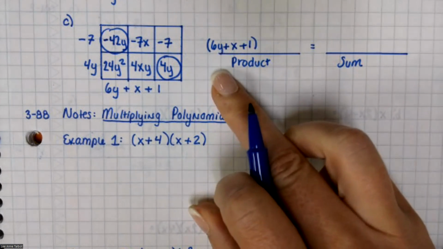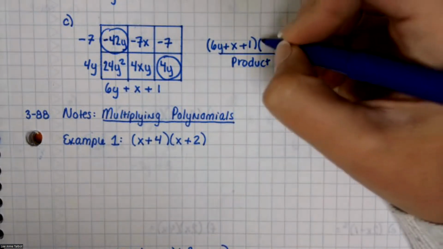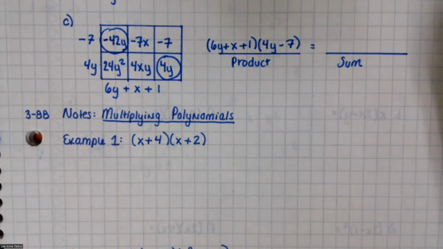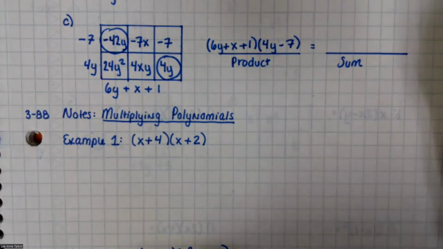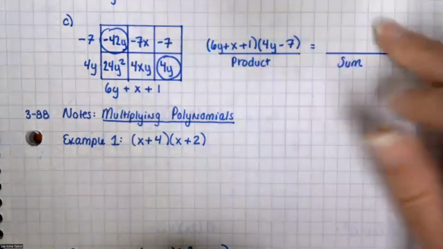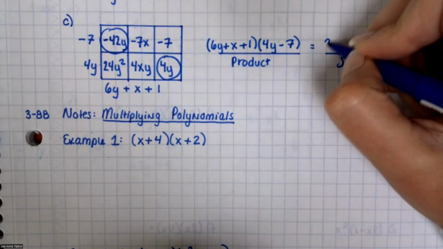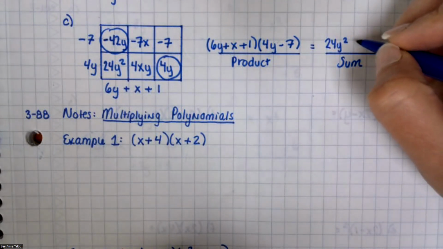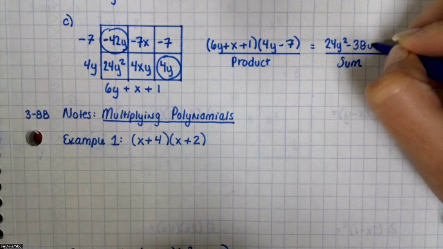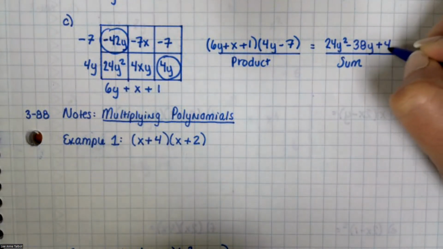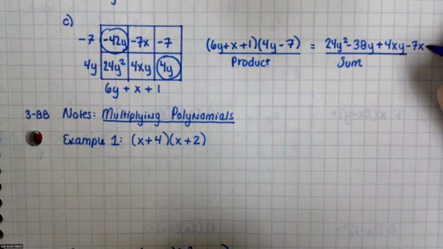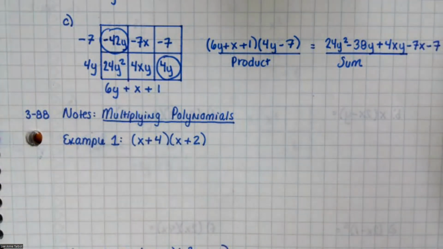So there's the base times the height, 4y minus 7 equals, the order of these does not matter. 24y squared minus 38y plus 4xy minus 7x minus 7. I went way over my line there.